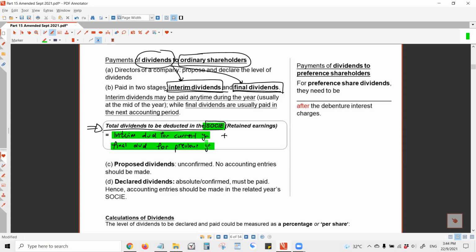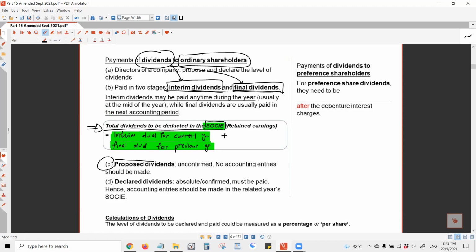Something to remember here is it is the final dividend for the previous year. Usually I will explain, but here I cannot take the time. So these two must be remembered. Later I show you a question, then you would know what I mean.